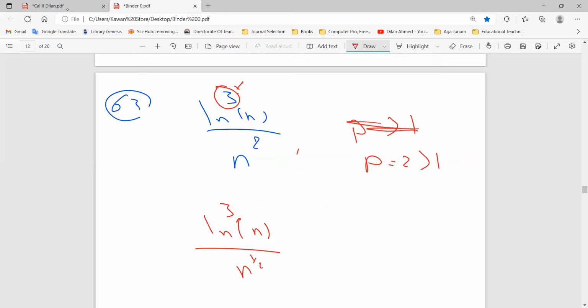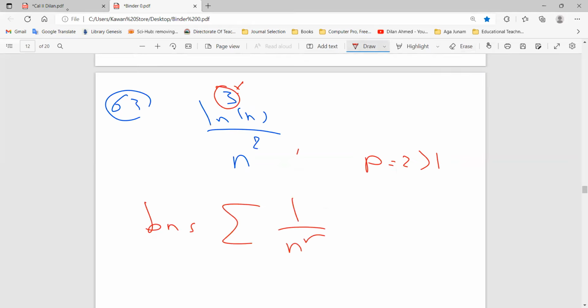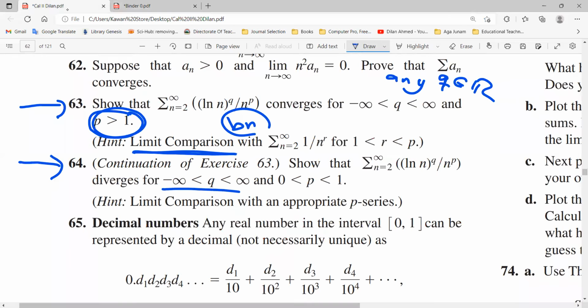Okay, good. To solve by comparison test, your Bn should be 1 over n to the r, when r is between 1 and p, not infinity, p.